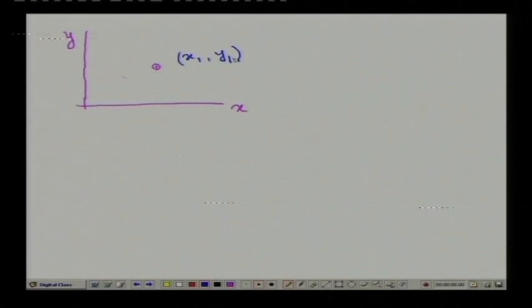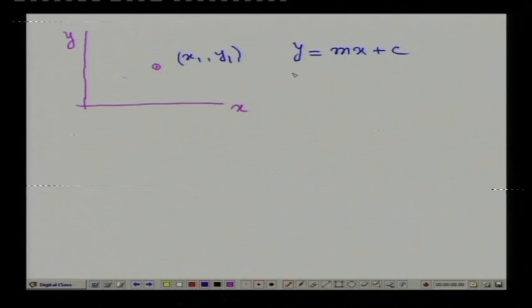Now, the equation of any straight line in the x y plane, as we have seen earlier in the slope intercept form, is given by y is equal to m x plus c. Now, if this straight line y is equal to m x plus c has to pass through this given point x 1 y 1, then x 1 y 1 must satisfy this equation.